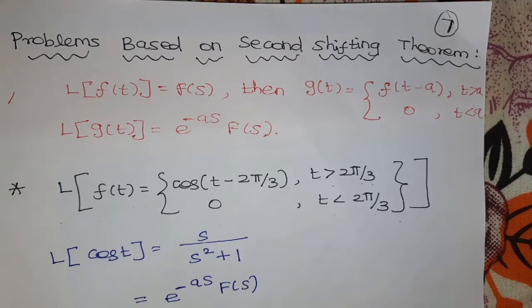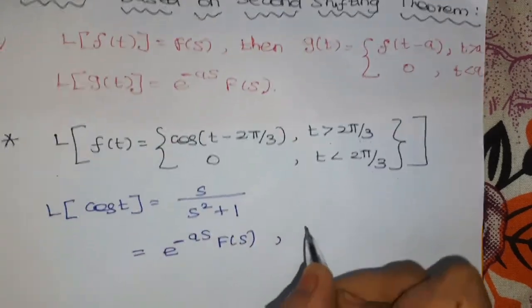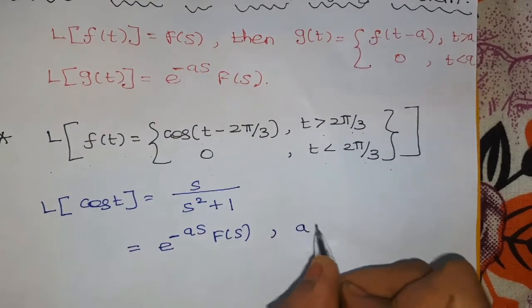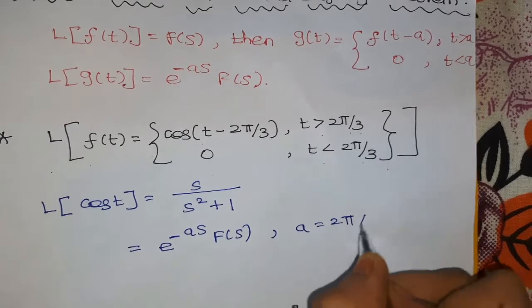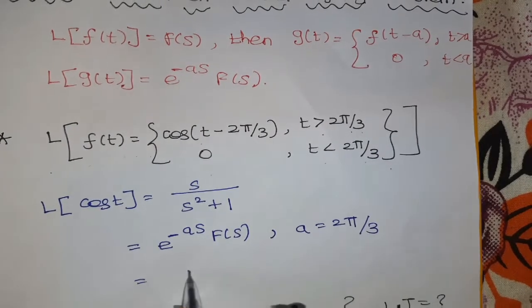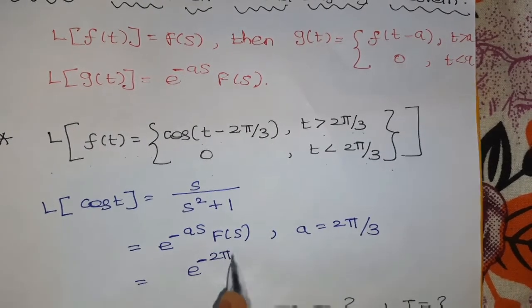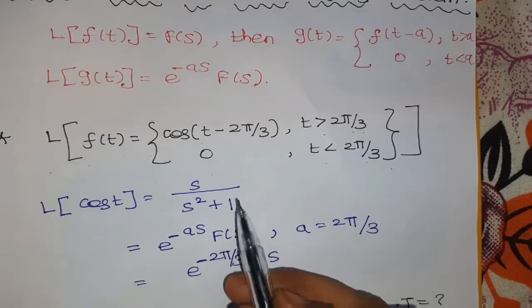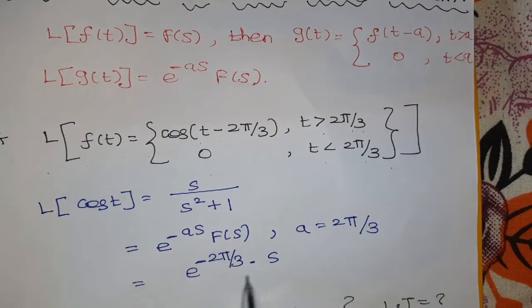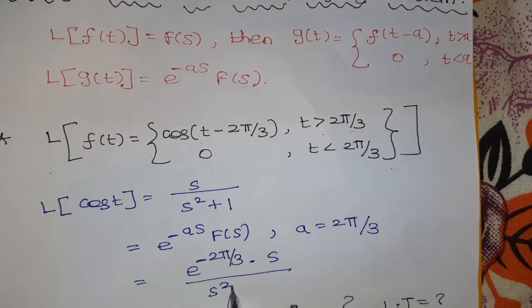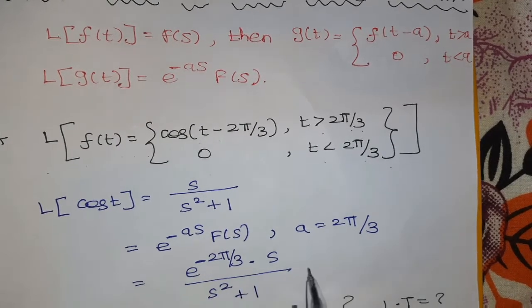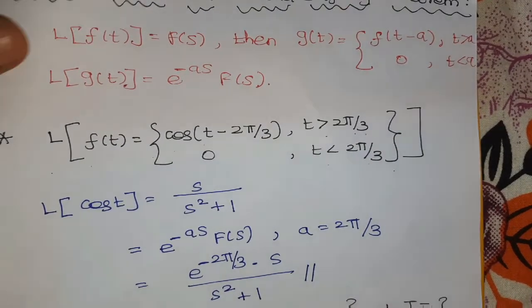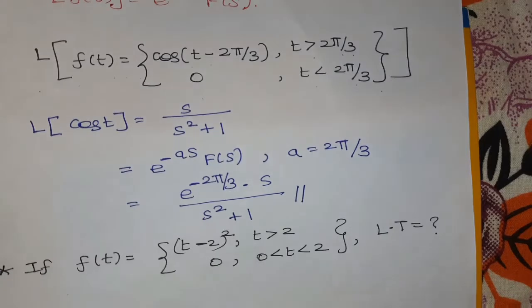In e power minus as, a is equal to 2 pi by 3. So substitute: e power minus 2 pi by 3 into s times F of s, which is s divided by s square plus 1. So this is the answer for this problem. Let's see some more problems.